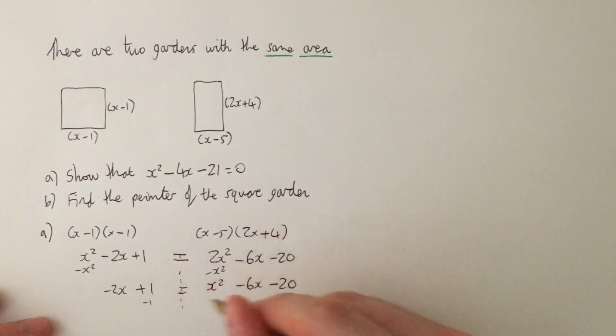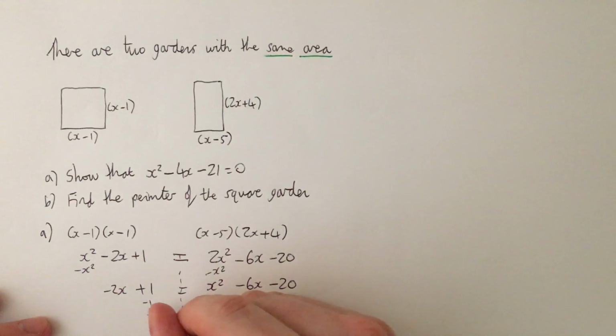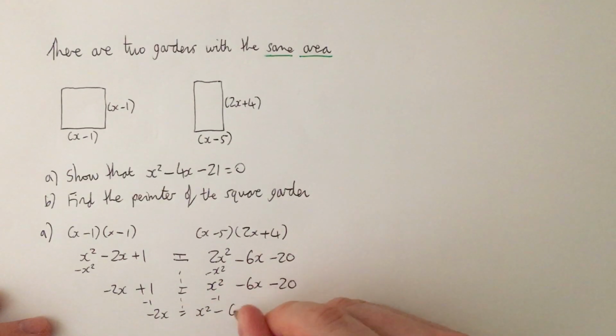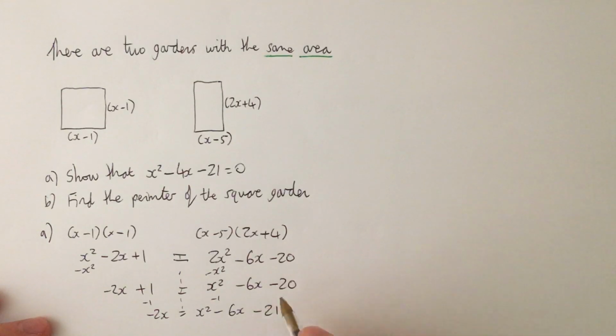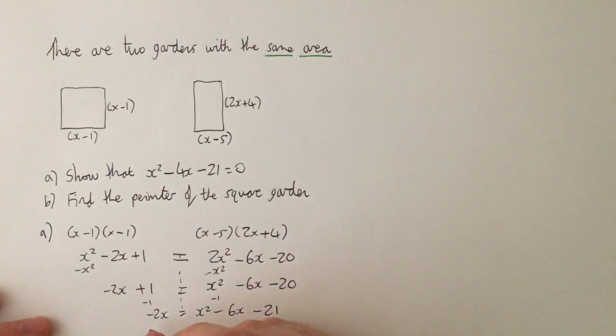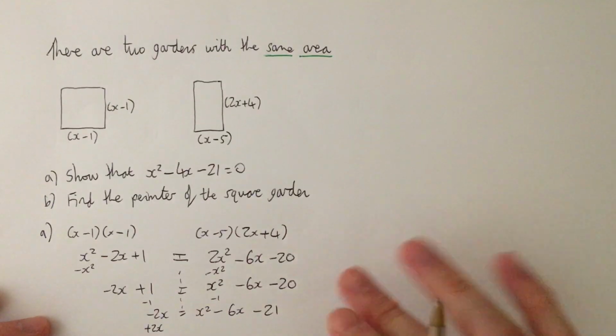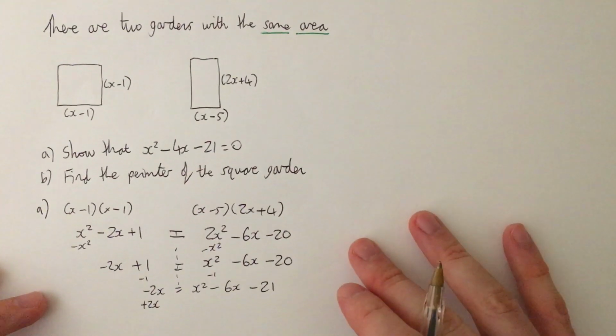I'm then going to minus 1, I could do. So it'd be negative 2x equals x squared minus 6x minus 21 now, because negative 20 minus 1 is negative 21. And then my last step here is I'm going to add 2x. Hopefully it's clear here. Add 2x.